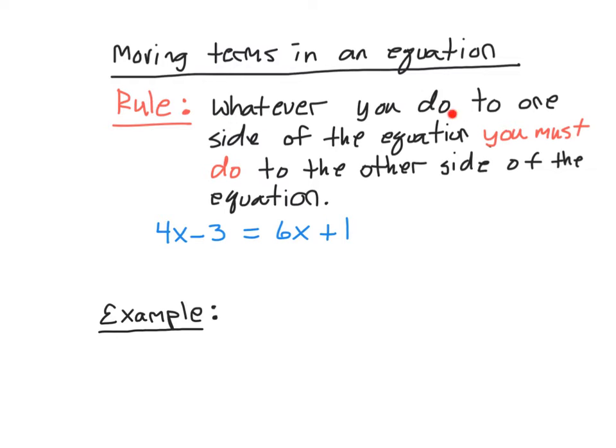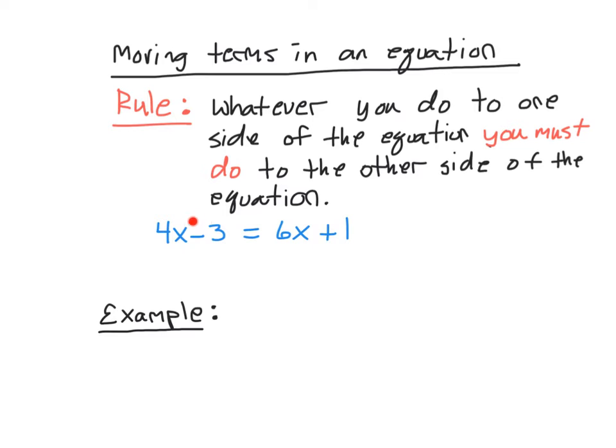It says whatever you do to one side of the equation, you must do to the other side of the equation. So over on this first side, if I want to move the negative 3 over, I have to essentially get rid of it on this side. The easiest way to get rid of it on one side is to do the opposite operation.